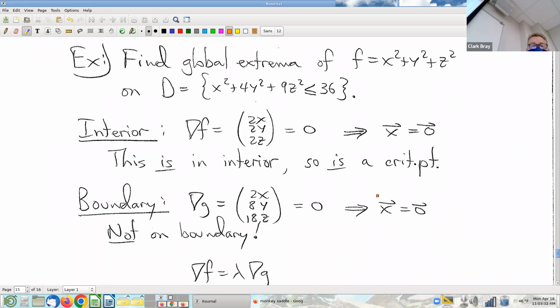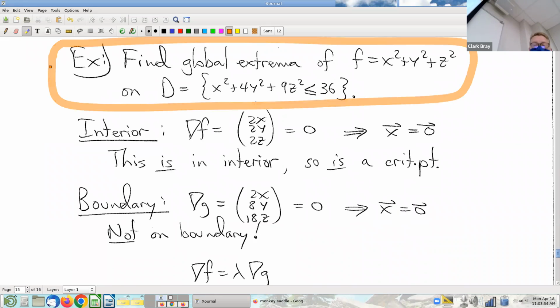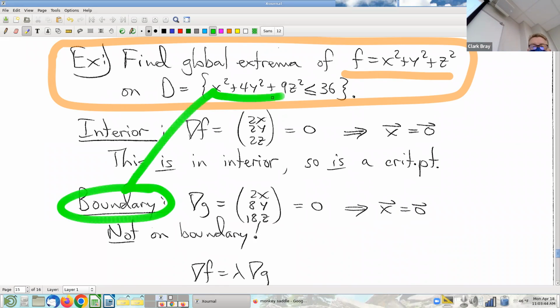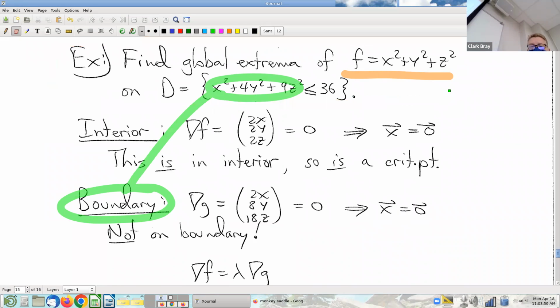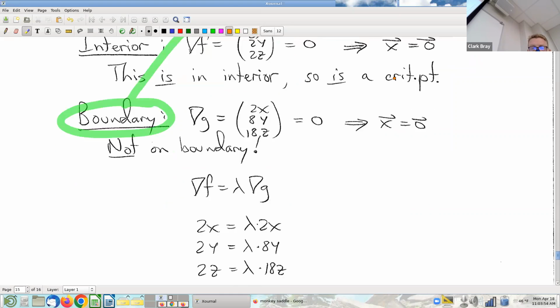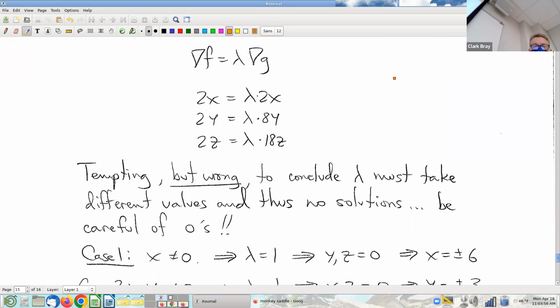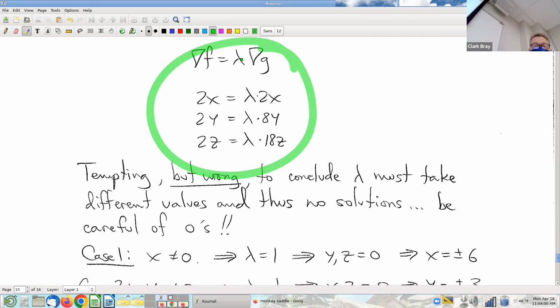So this will be my last example, and I have to move super fast here. Objective function. And looking at the boundary, you'll see here our constraint function. So objective and constraint. You think about the usual stuff, but here's what the Lagrange multipliers system turns into right here.